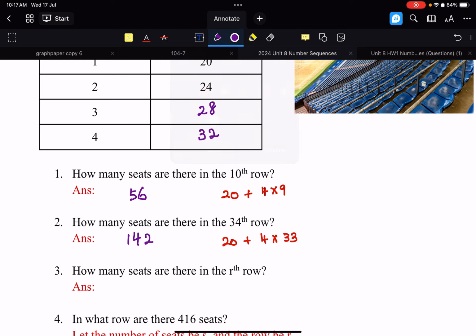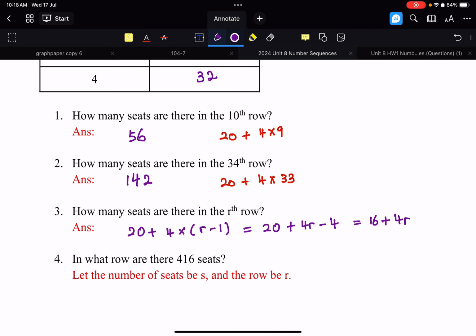Well, it will be 20 plus 4 times one less than R, because the first row is already 20. If we simplify this, we end up with 20 plus 4R minus 4, which equals 16 plus 4R.